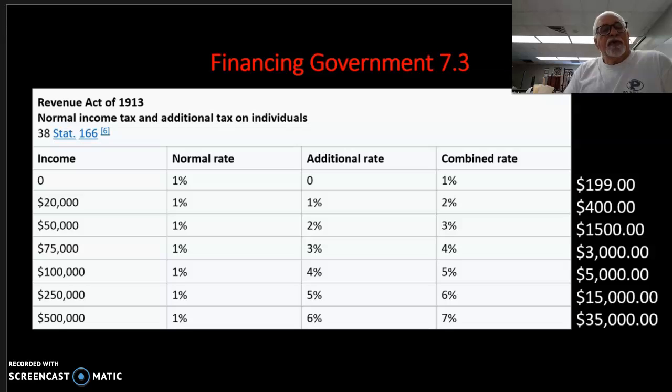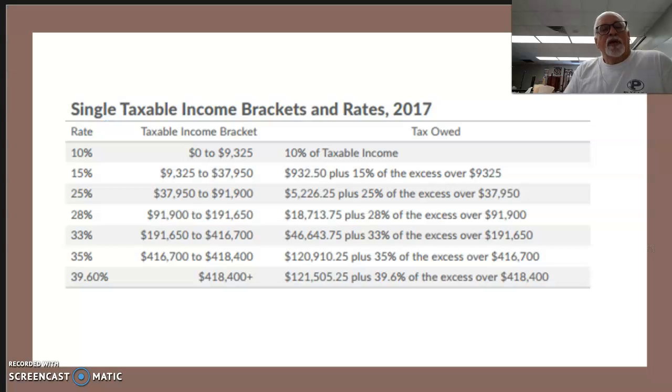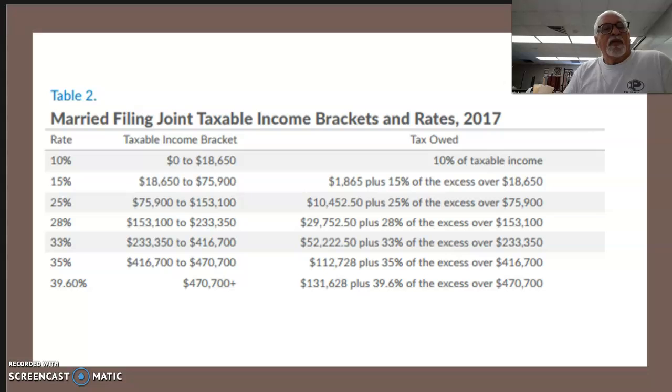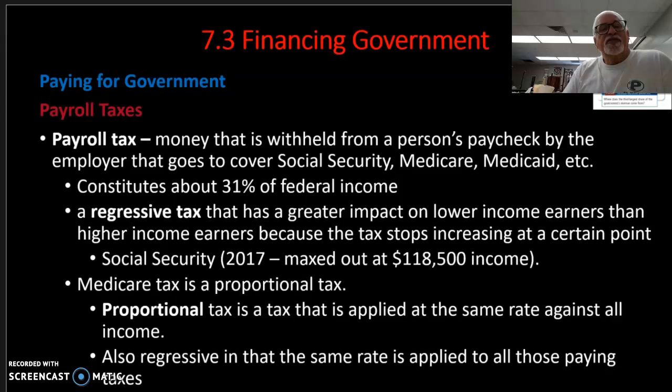And so if you had an income of $500,000, you would pay income tax of around $35,000. Single tax income bracket rates for 2017. You can stop it again and look at these. And married filing jointly, 2017. These have changed somewhat recently.